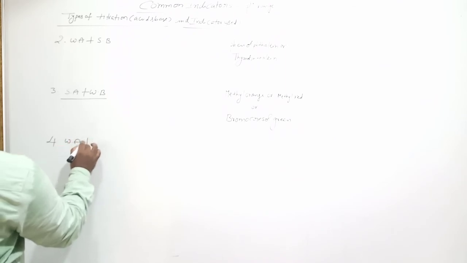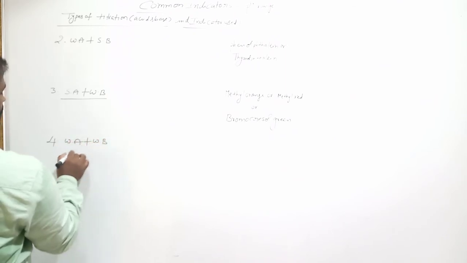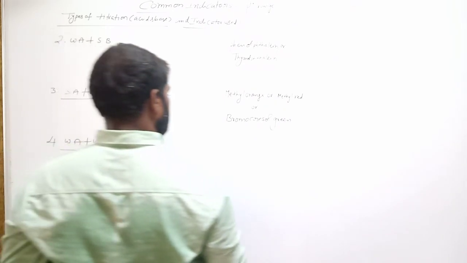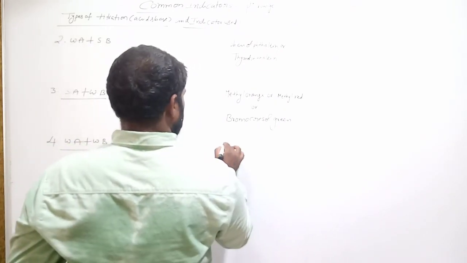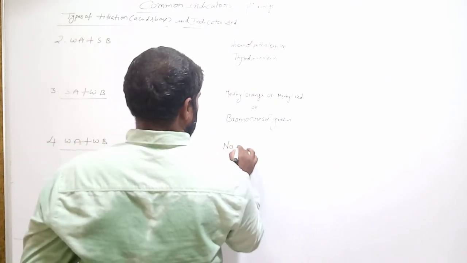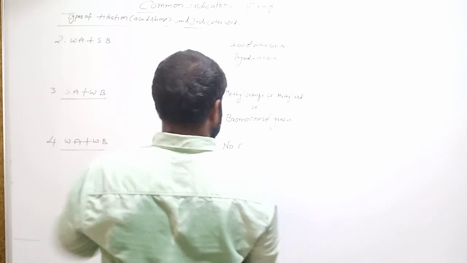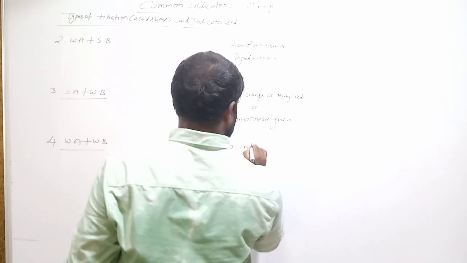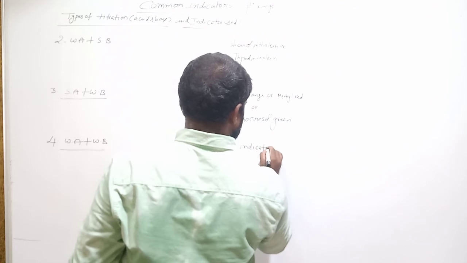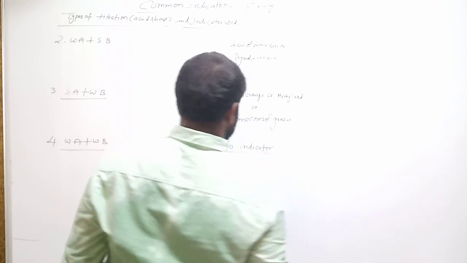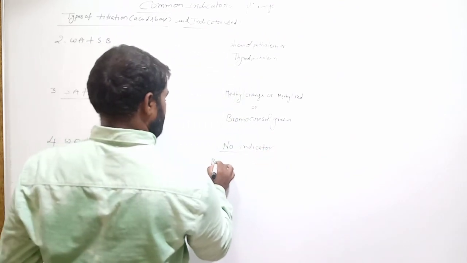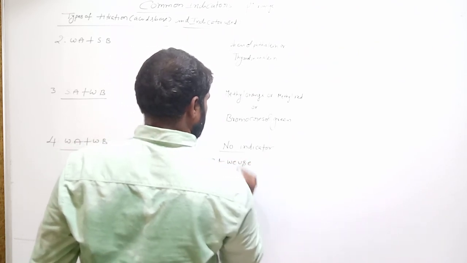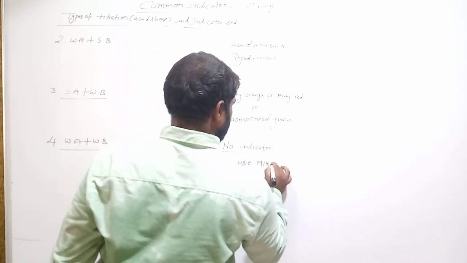And the fourth one is titration between weak acid and weak base. In this particular case, there is no common indicator, but we use mixed indicators.